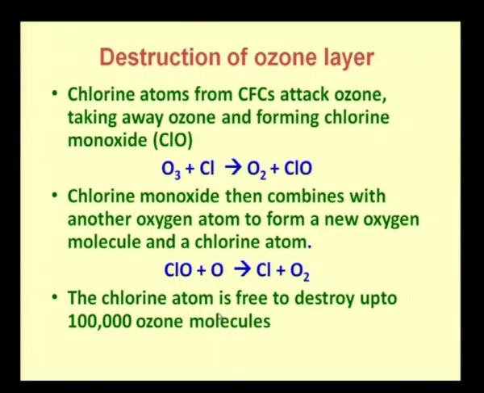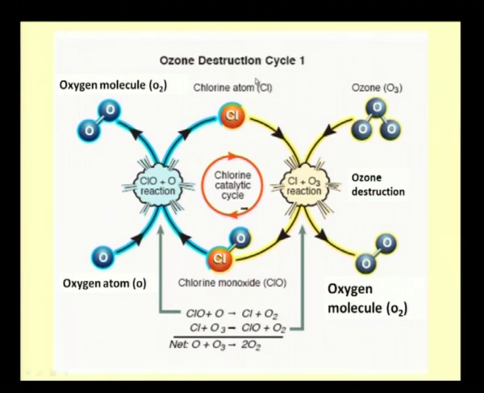Therefore again and again it reacts with the ozone, and goes on depleting the ozone molecules, and in that way the ozone layer is destroyed. Here is the ozone destruction cycle, where the oxygen atom reacts with ClO, giving out oxygen and becoming Cl again, so the chlorine is cycling again and again. That is what we have already discussed in the previous slide.